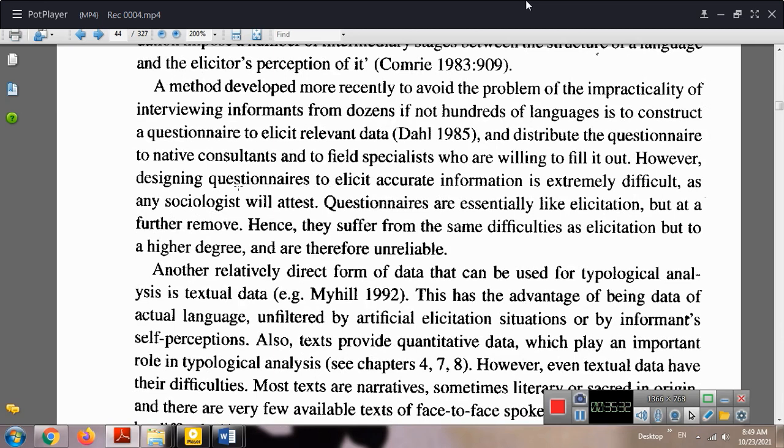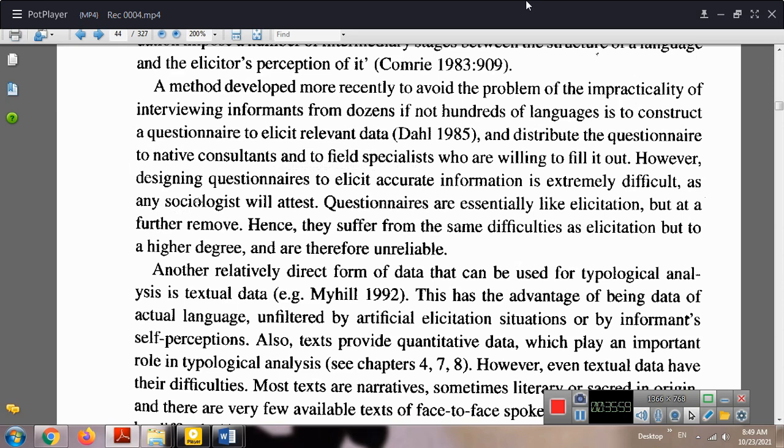A method developed more recently to avoid the problem of the impracticality of interviewing informants from dozens, if not hundreds, of languages is to construct a questionnaire to elicit relevant data and distribute the questionnaire to native consultants and to field specialists who are willing to fill it out.